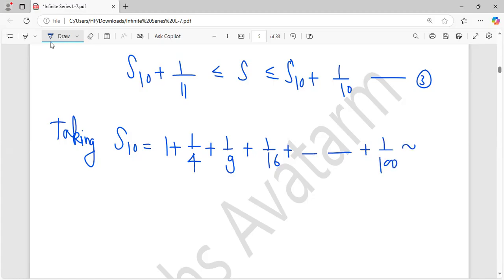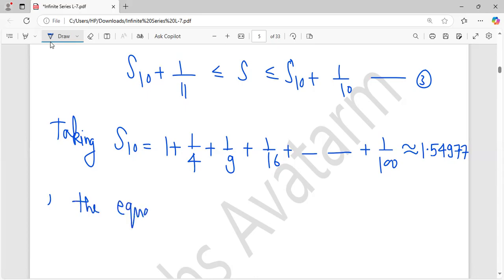Approximately how much is it? After calculating, it comes to 1.54977.